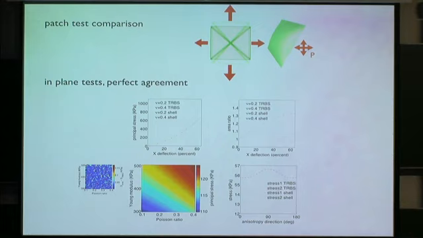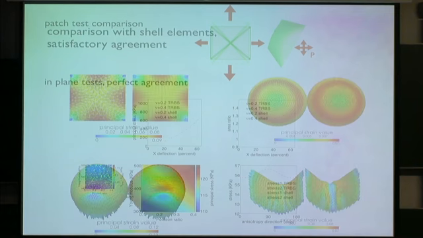So we did in-plane tests, and there's no occasion in in-plane tests to have some kind of bending, so they agreed. Ideally, there is no difference between shells and plates.